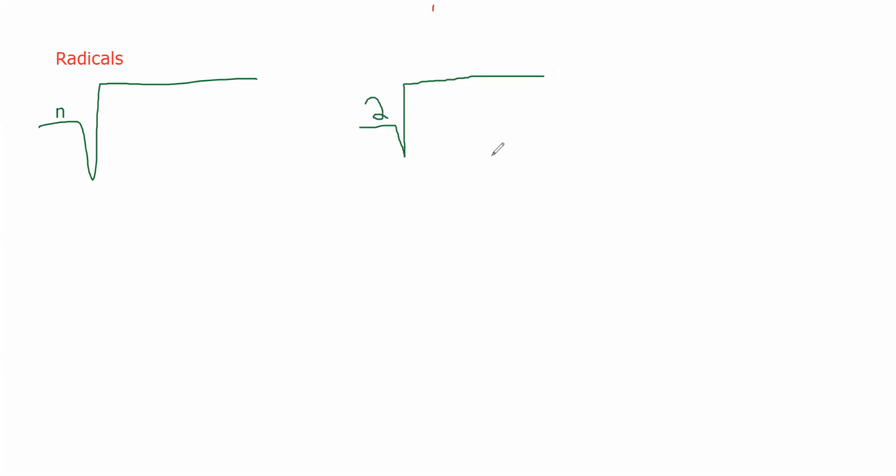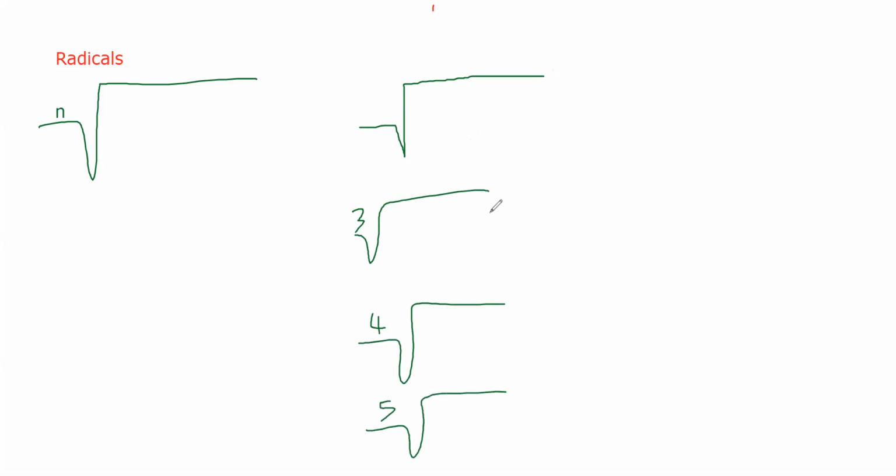You're actually taking the square root whenever you use that, which is the second root. However, that's an implied 2 if it's not written there. After that, you can have a third root, a fourth root, a fifth root, and so on. You can take roots to your heart's content.